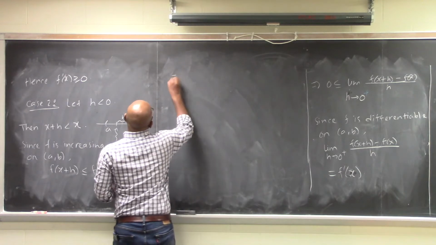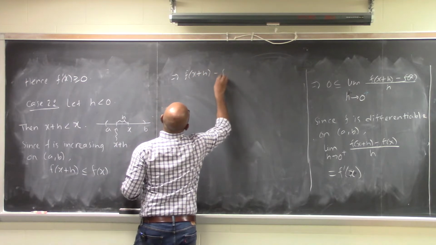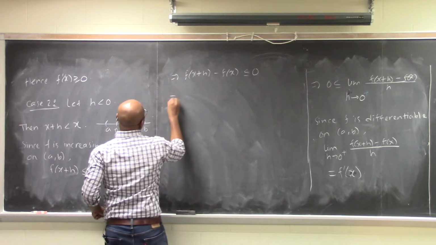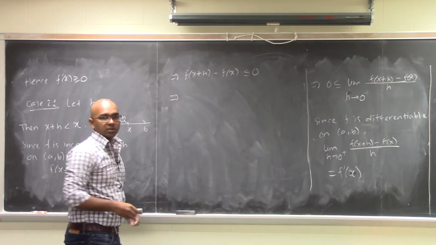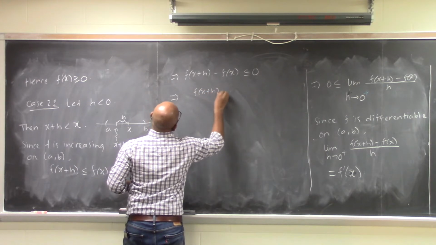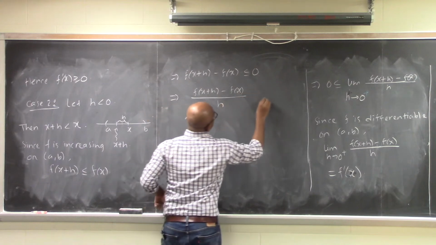So this means f of x plus h minus f of x is less or equal to 0. And here we need to divide both sides by h, right? So we have f of x plus h minus f of x over h, and 0 over h is 0.